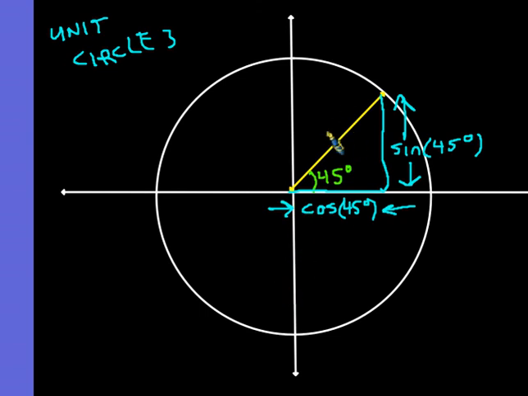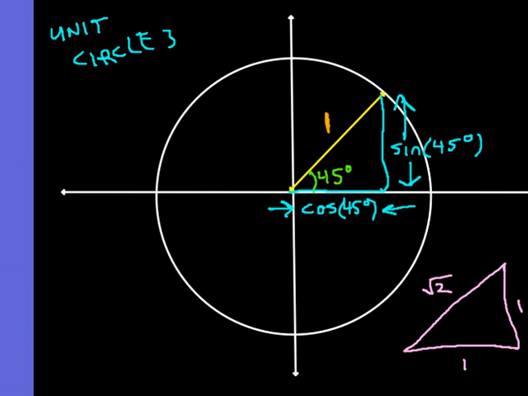So we'll start off with this idea that the unit circle has a radius of 1. So we know the length of the hypotenuse. And we'll go back to our old friend, the 45, 45, 90 special triangle. We know that the relationship between the sides is like 1, 1, and square root of 2.